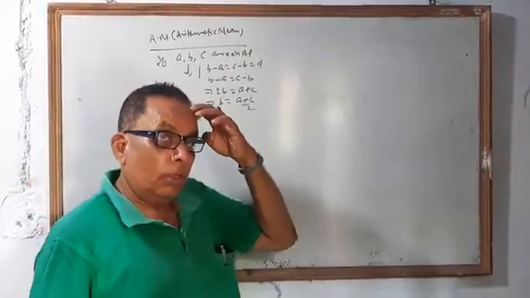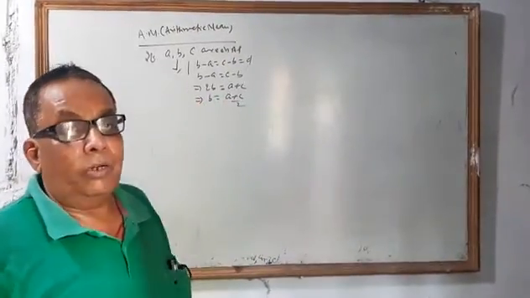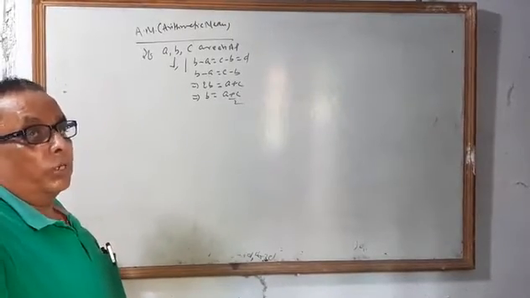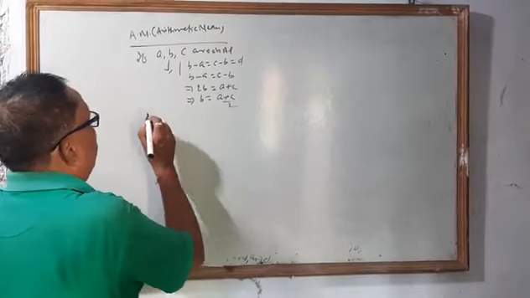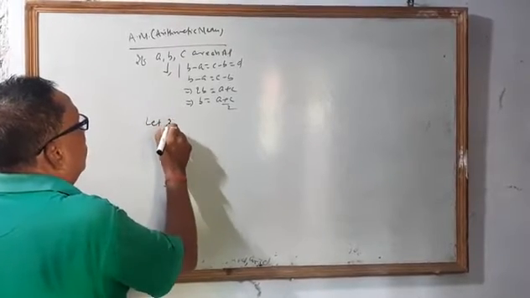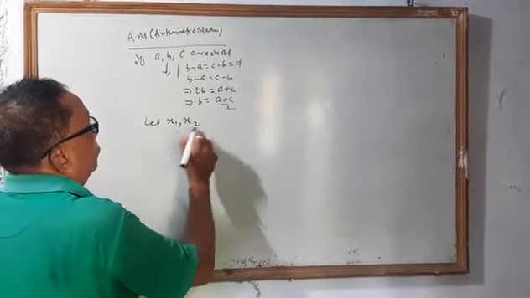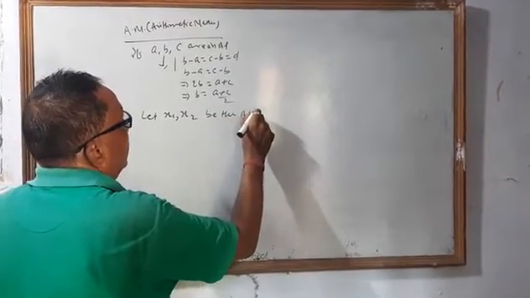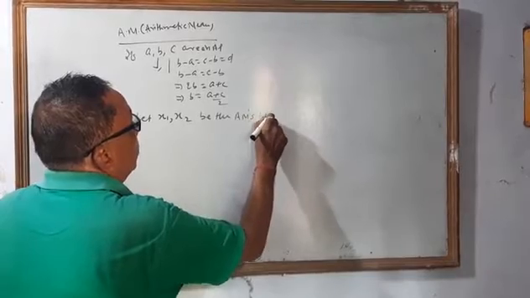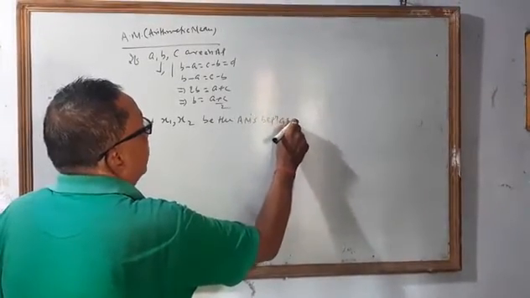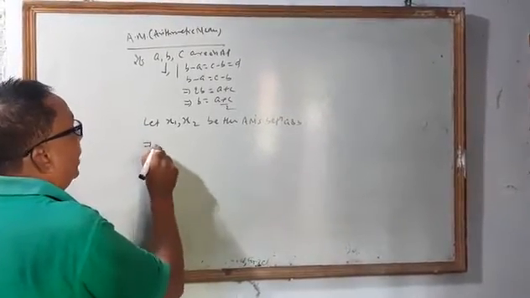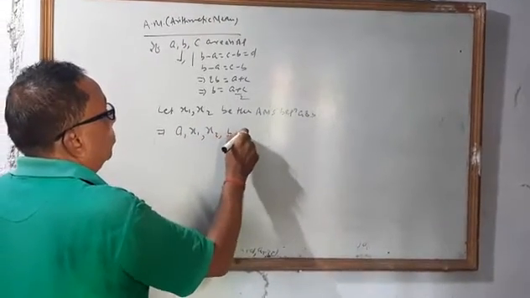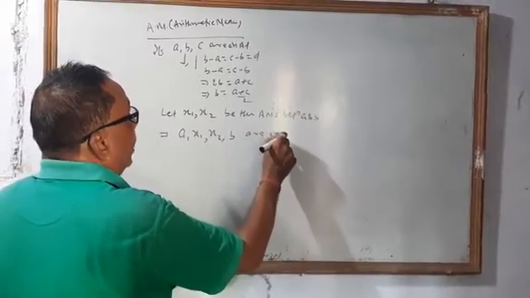Suppose you have to find more than one mean between two given quantities. Suppose x1, x2 are the arithmetic means between a and b. Then you may write a, x1, x2, b are in AP.